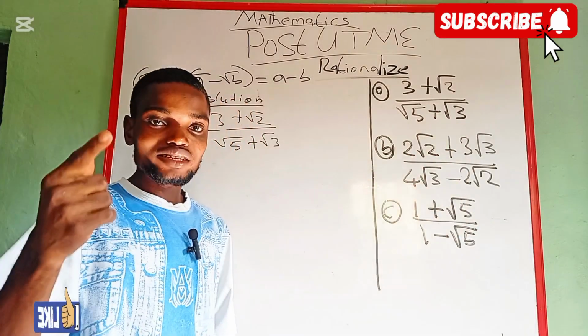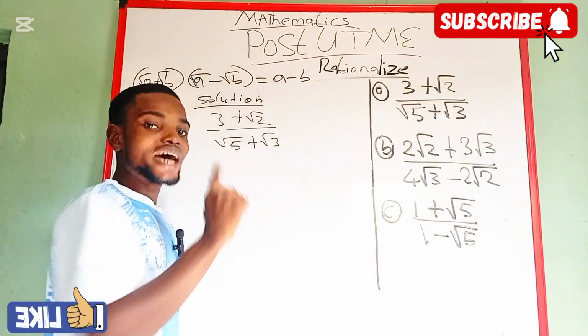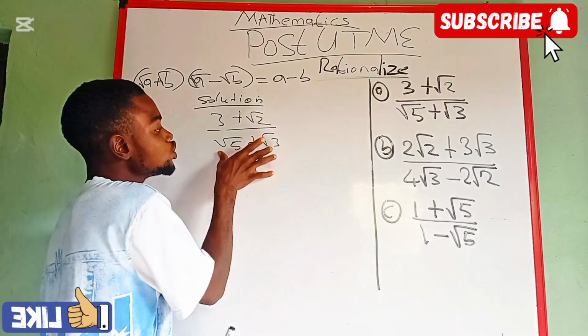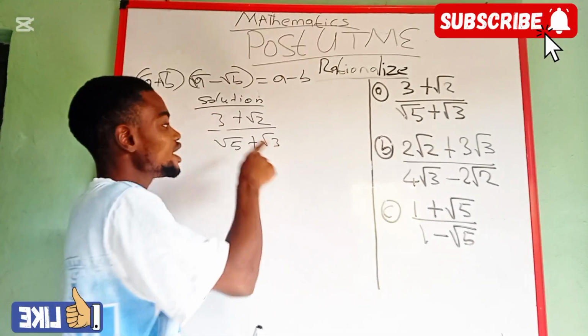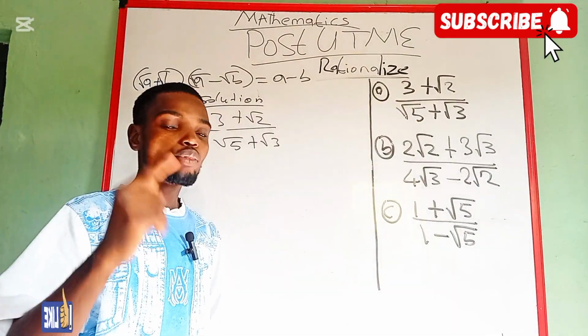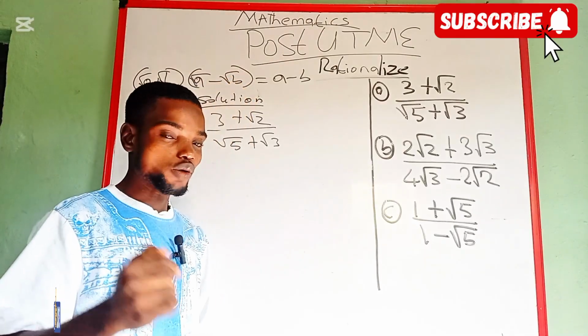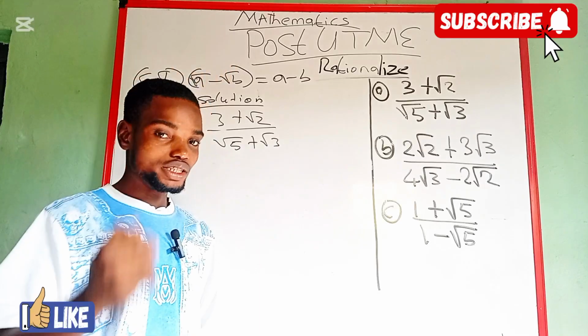Hence, to rationalize it is going to help to eliminate this square root over here. And to rationalize it, you're going to use the denominator and form a fraction. If you're forming the fraction, if it was initially positive, the sign will become negative, both at the numerator and the denominator. If it is negative, the sign becomes positive both at the numerator and the denominator.